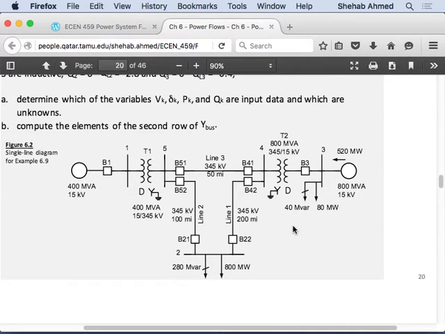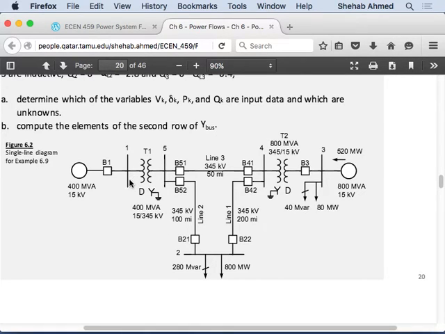There is one slack. I think bus 1 was slack. Bus 3 was a PV bus, 5, 4, and 2 were PQ buses, and 1 was slack.